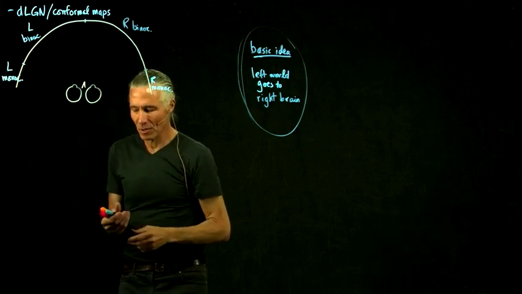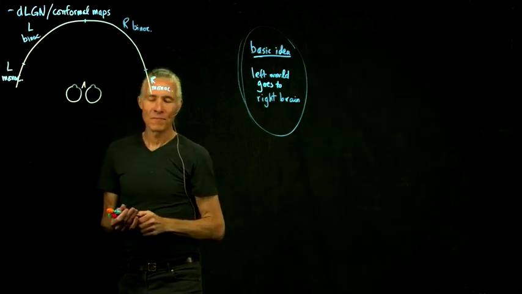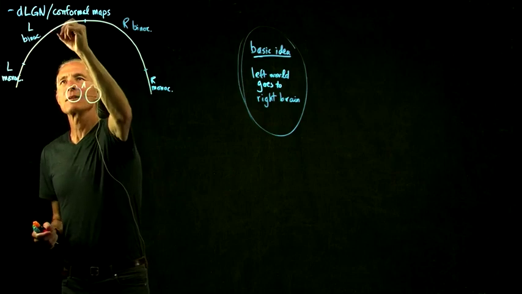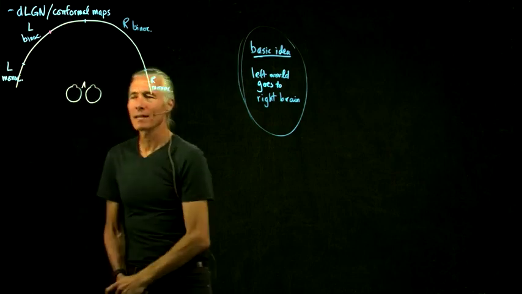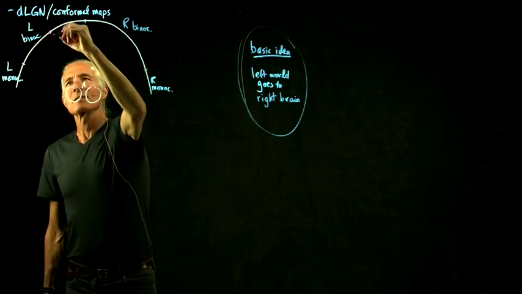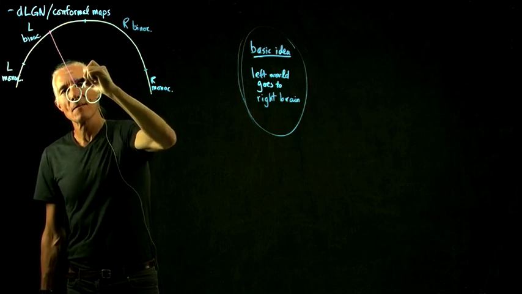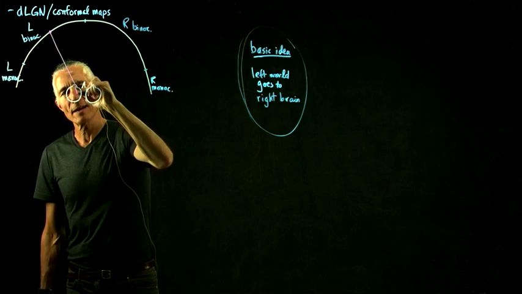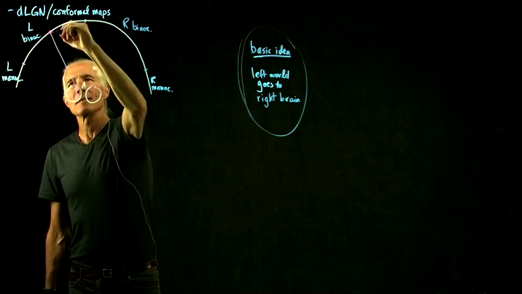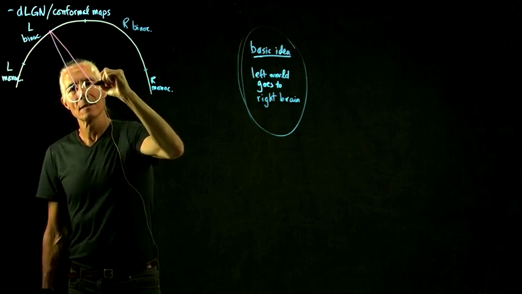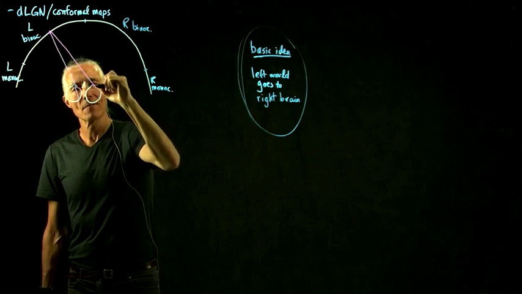But now we've got 2 copies going on. If we take something here in the left monocular, let's trace that into the eye. It's going to hit the cornea and get refracted, and then go into the other cornea, hit the cornea, and get refracted.